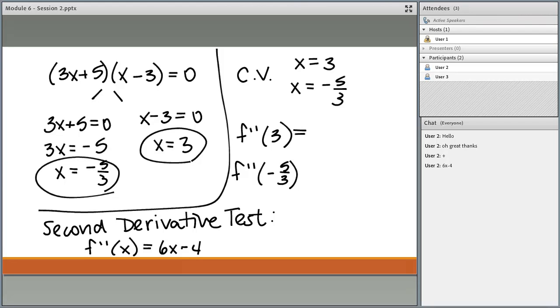And when I do that, I get 14 when I plug in 3. And when I plug in negative 5 over 3, I get negative 14. So remember, what we take out of this is that it's positive and that it's negative.